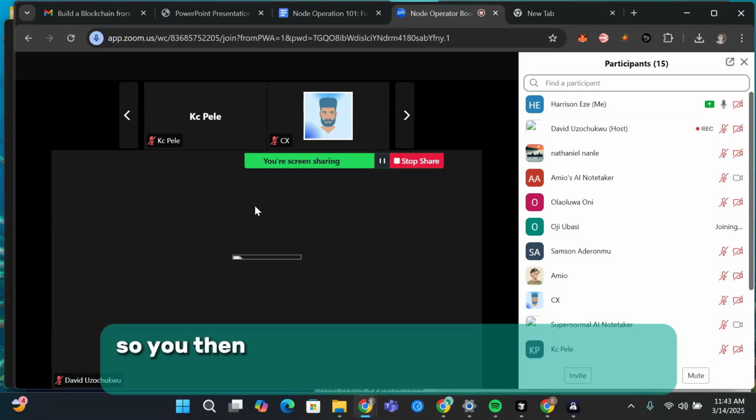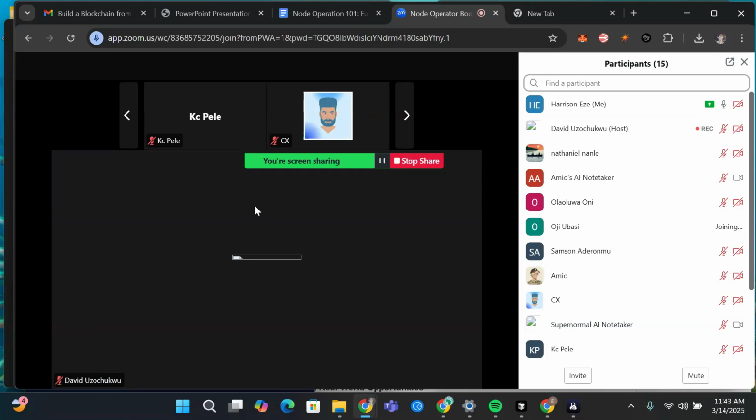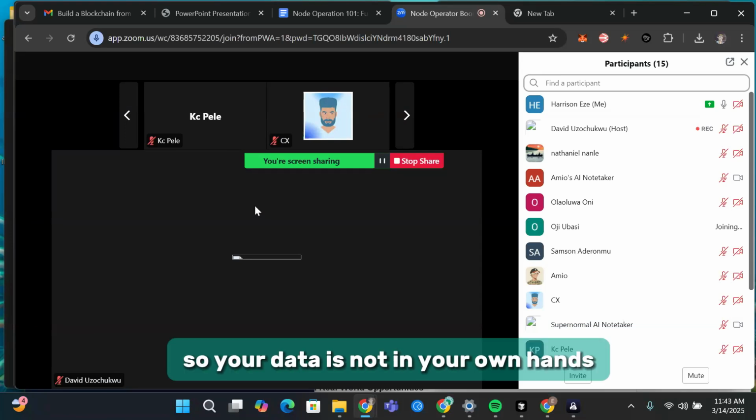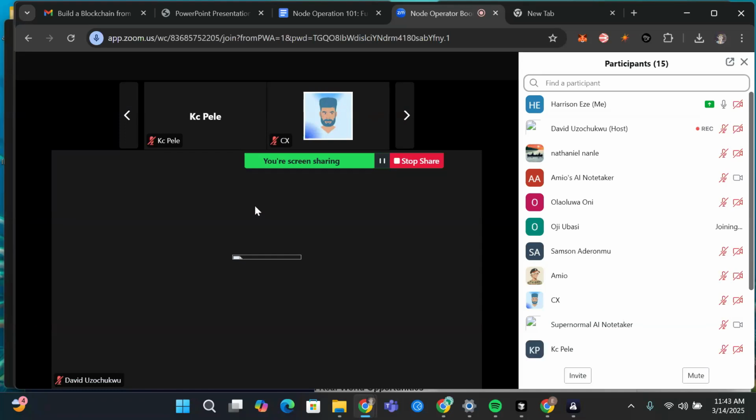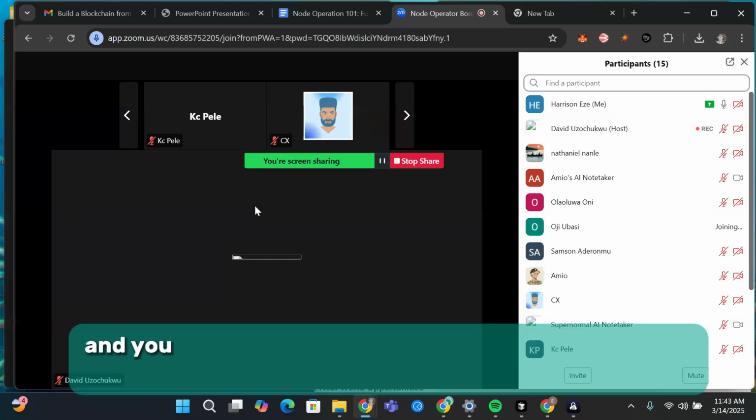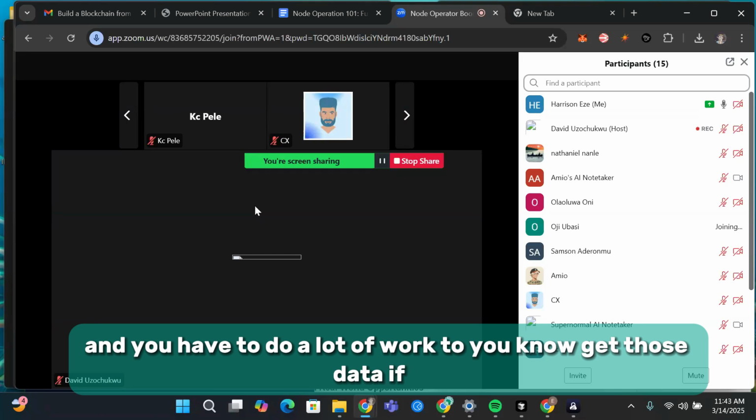So that's what the whole Web 2 offers. Your data is not in your own hands, it's in the hands of those people who own the system, and you have to do a lot of work to get that data.